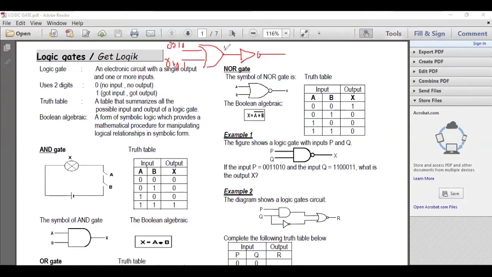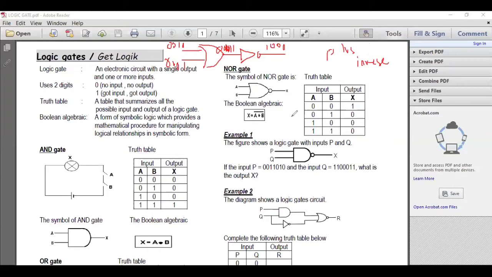So 0 plus 0 gives 0, then 1, 1, 1. When inverted it becomes 1, 0, 0, 0. So for the NOR gate, you must plus and inverse.